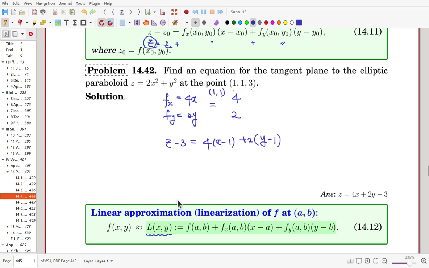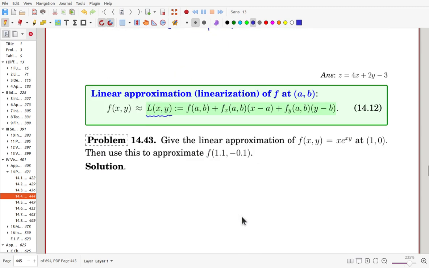Because this portion is a function of (x, y), we use that portion as the notation L of (x, y). So that is defined in this way. This portion is called the linear approximation, or linearization.